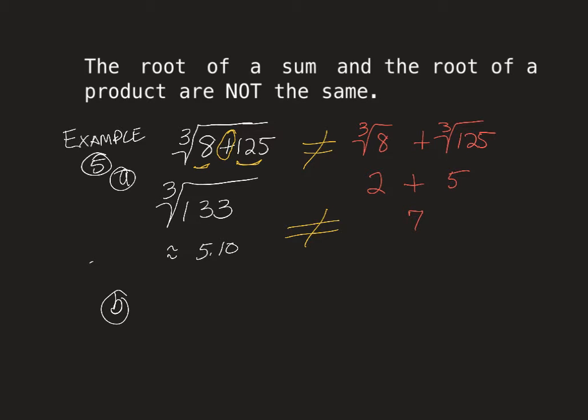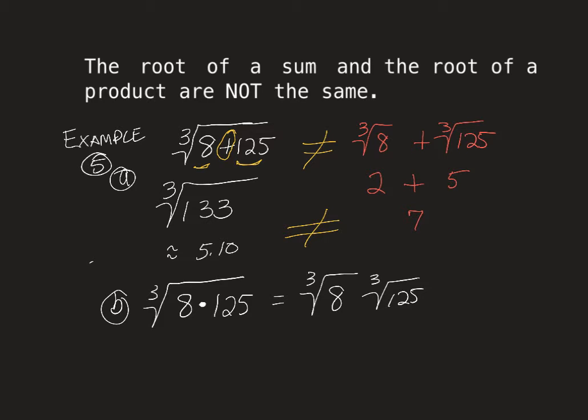Okay, if you have the cubed root of 8 times 125, then you can break them apart: the cubed root of 8 times the cubed root of 125. Okay?